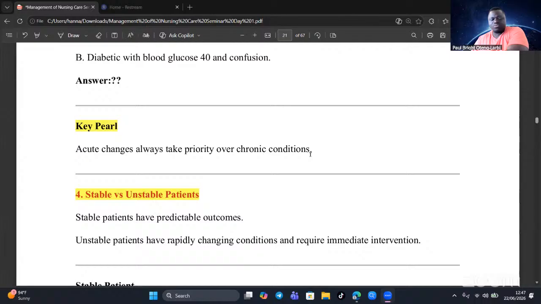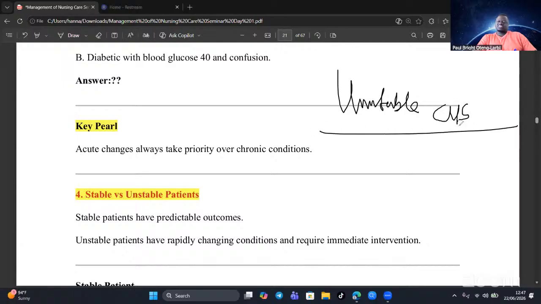Now let's look at stable over unstable. Let me ask this question. How will you know that a patient is not stable? Can you give me an example? Let me make it simple. How will you know that a patient has an unstable cardiovascular system? You need to use the body systems to determine stability.